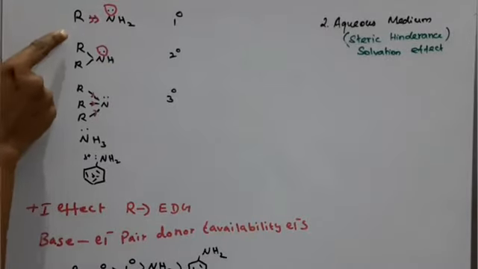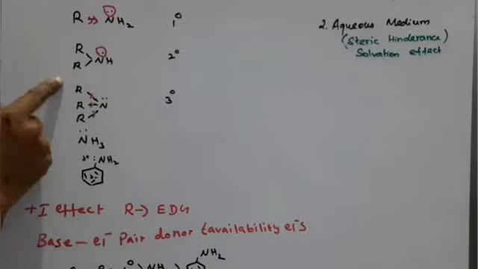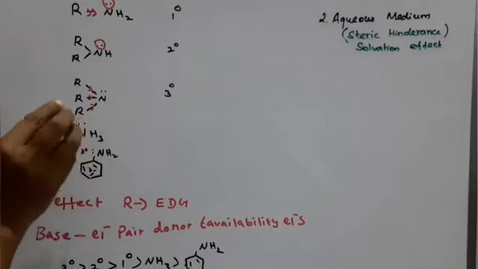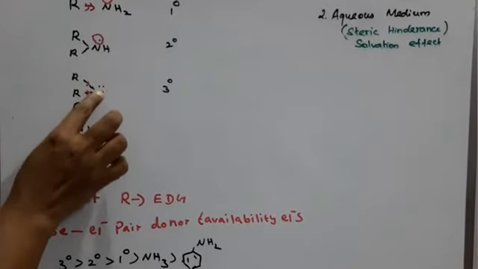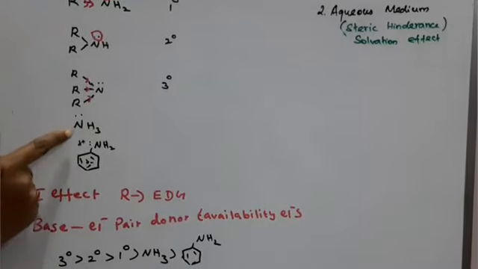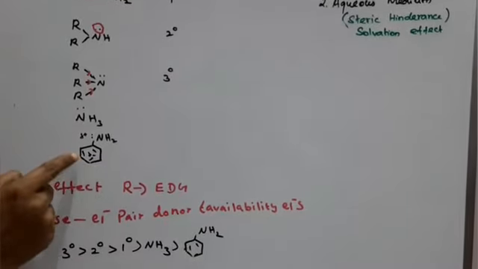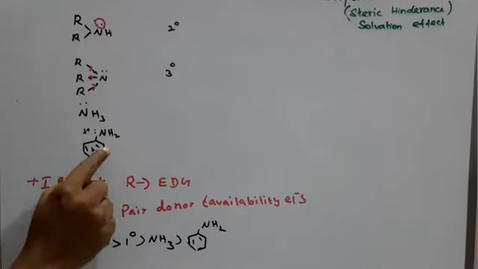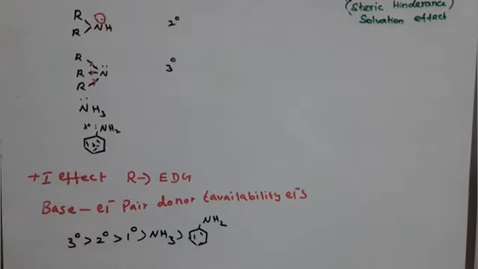Compared to primary amine, secondary amine has two alkyl groups, so the density is more, and tertiary has more alkyl groups still. As the number of alkyl groups increases, the base character also increases, because of the maximum availability of the donor site. In aryl amine there is no alkyl group, and it undergoes a resonance structure with destabilization because of the benzene ring, with delta minus and delta plus. According to this inductive effect, this is only for the gaseous phase.